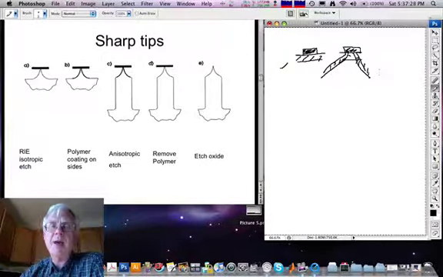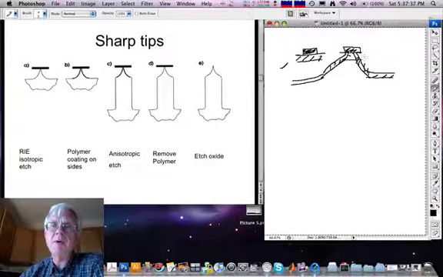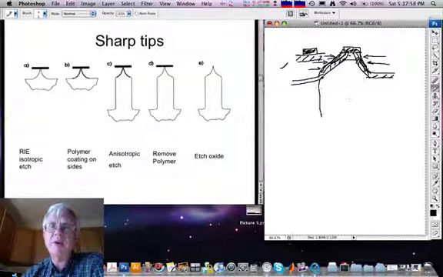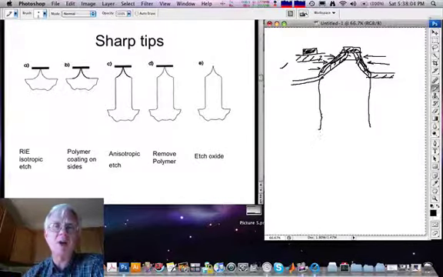In order to get the high aspect ratio device, so I'll draw this as it is now on a flat surface, a polymer coating was put on by a low angle flux of material, which then protected the sides of these pillars, but not the flat surfaces, so that by carrying out one of these anisotropic etches I talked about with potassium hydroxide, this device, by being oriented in the right direction on a crystal plane, could be etched down then as a straight column to produce the structure shown in D.